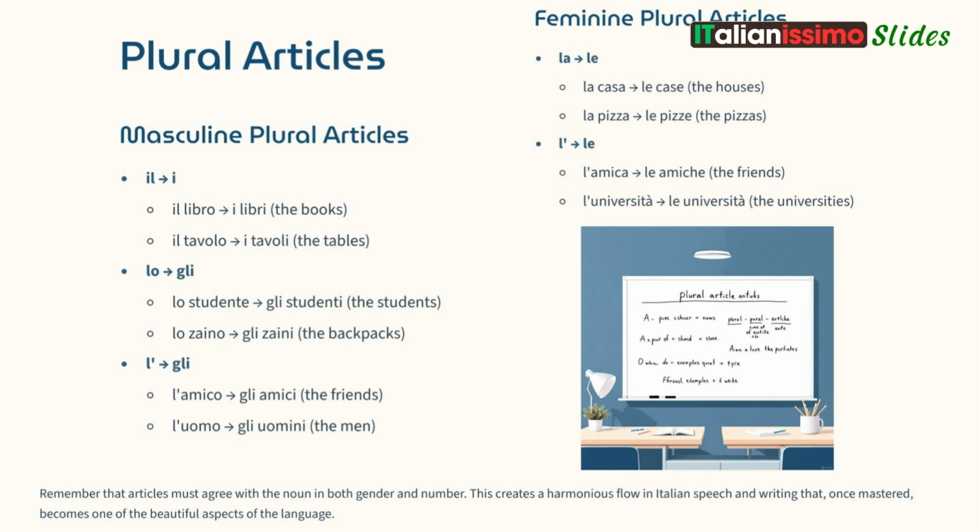L apostrophe goes to gli, like l'amico, gli amici, l'uomo, gli uomini. Feminine: la goes to le, like la casa, le case, la pizza, le pizze. L apostrophe goes to le, like l'amica, le amiche, l'università, le università.